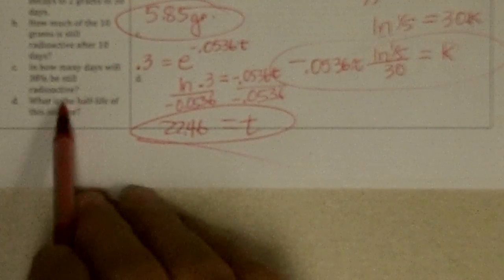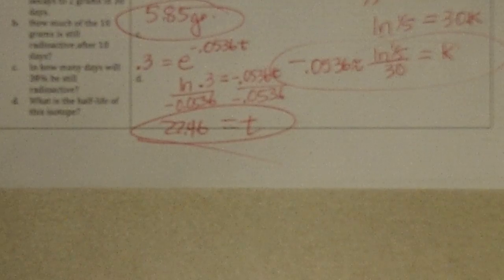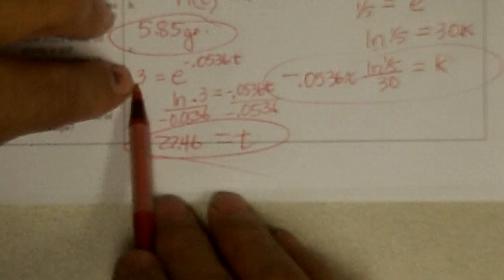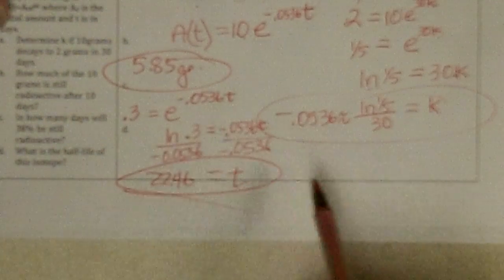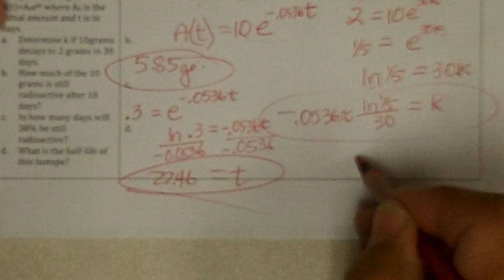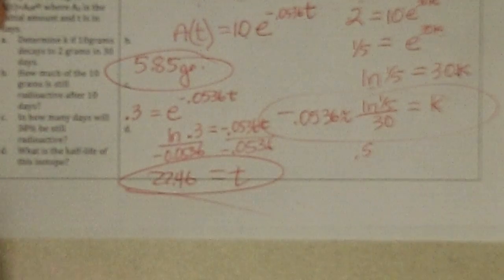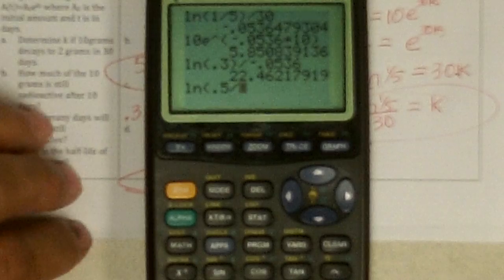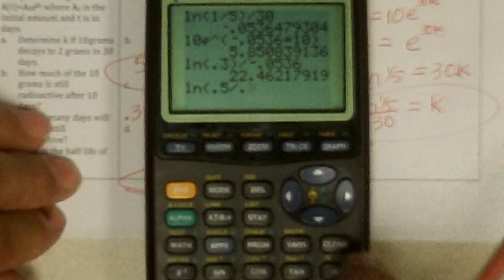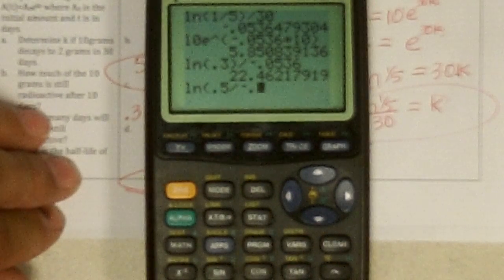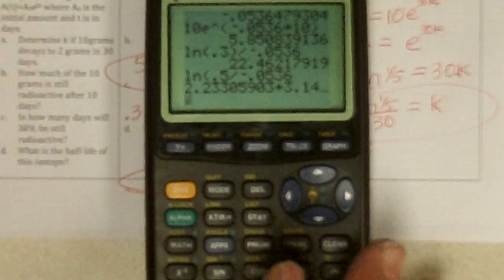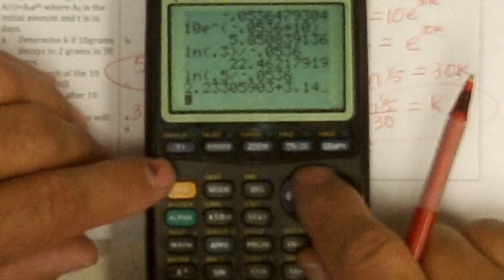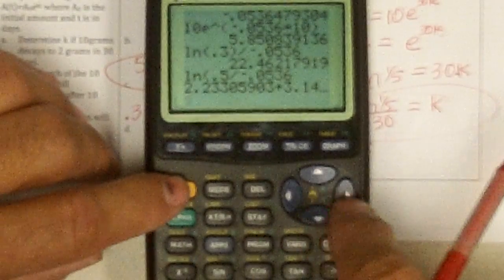Okay, what's the half-life of this isotope? So when is it 0.5? Half as much, 50% there. And so I'd solve this using 0.5 over there, and so it's going to be ln 0.5 divided by negative 0.0536, and the half-life is, I forgot to close the parenthesis on the ln.